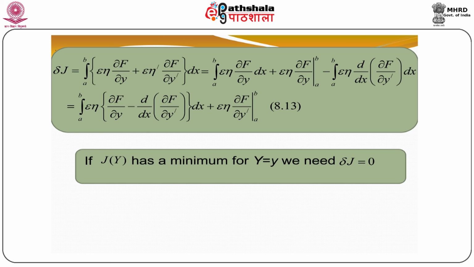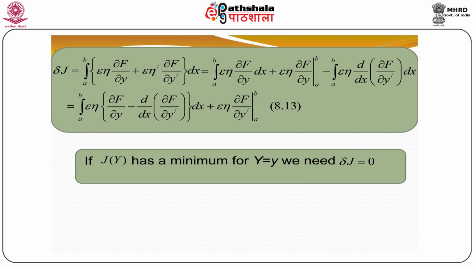From this, we get two terms, this one and this one. The first term has been kept as it is. This term has been written here and these two terms have been written here. We have just arranged in this way.